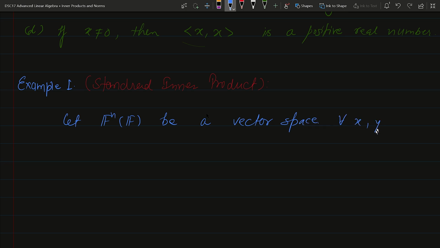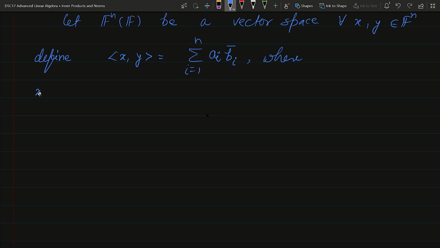For all x comma y belonging to F^n, define inner product x comma y equal to summation i running from 1 to n, a_i b_i bar, where x is the n-tuple x equal to a1, a2 and so on an, and y is equal to b1, b2 and so on bn.